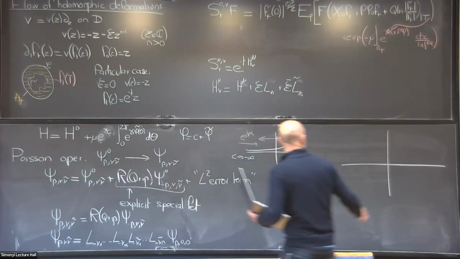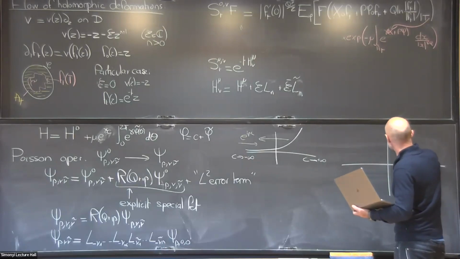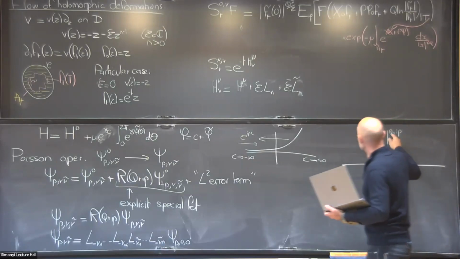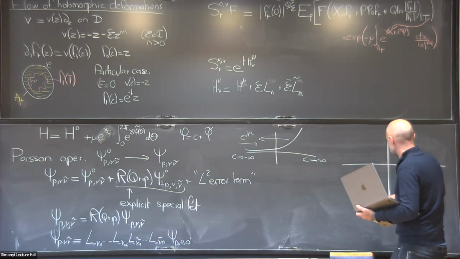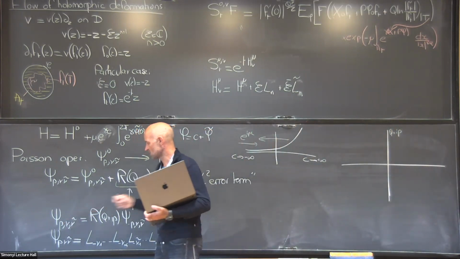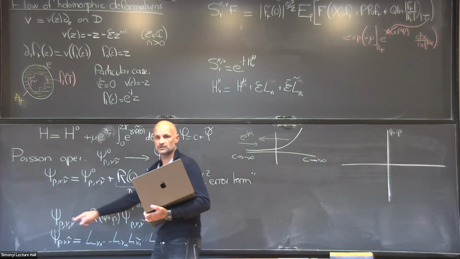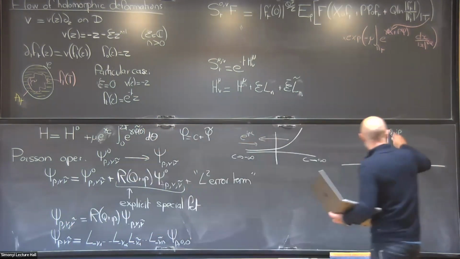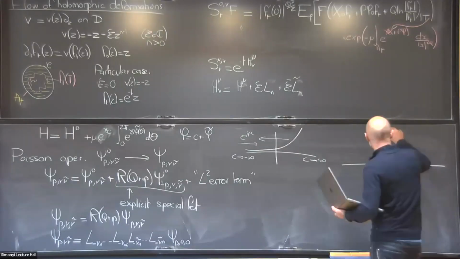So what we do is, here we have the line of Q plus iP, the spectrum, and on this line we have all these eigenstates. I'm just encoding the P in my plot.